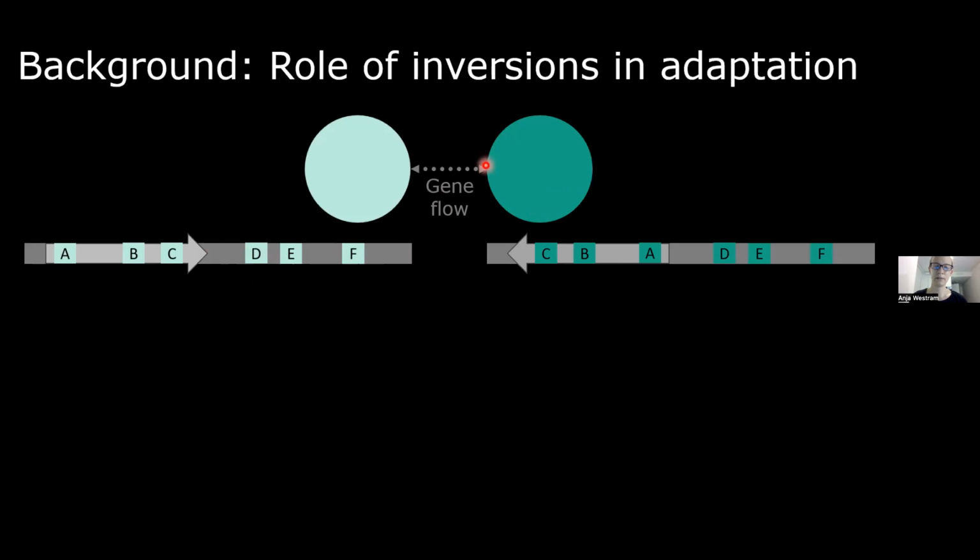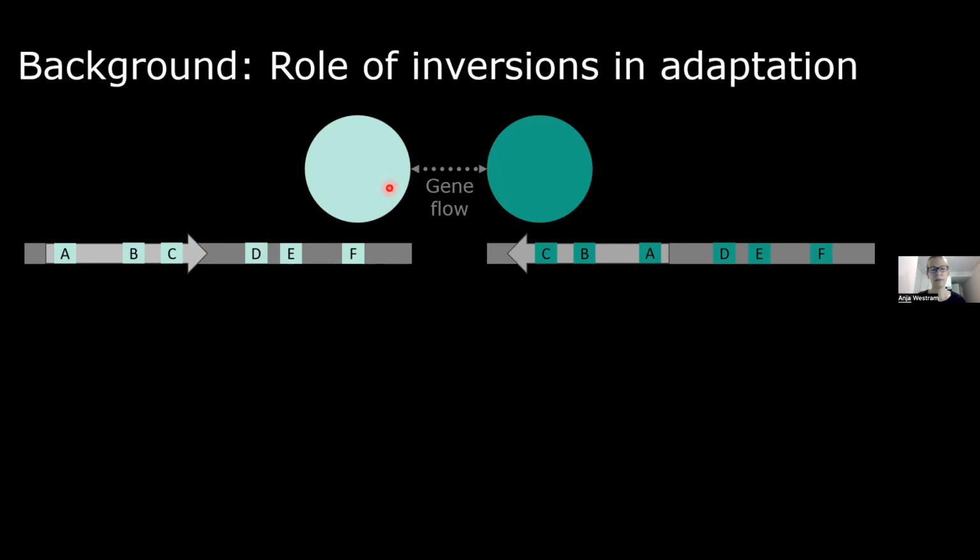at this relatively simple schematic where we are comparing a region of the genome where we have a chromosomal inversion and a region of the chromosome where everything is normal. That is just called the collinear part of the chromosome. And we have this chromosome in one environment and the other chromosome in another environment, and the two environments are connected by gene flow.